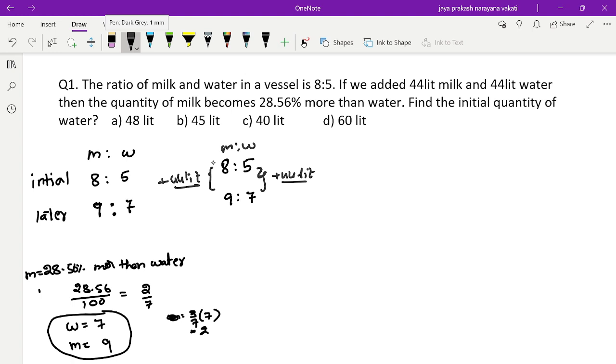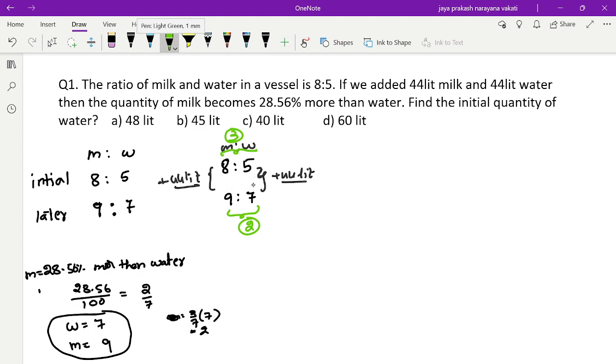So how to proceed with this problem? Okay, just look here, guys. Look at the horizontal differences. 9 and 7, 2 is the difference. 8 and 5, 3 is the difference. Correct? So remember it as a process: check the horizontal differences. Now I need to make the vertical difference the same.